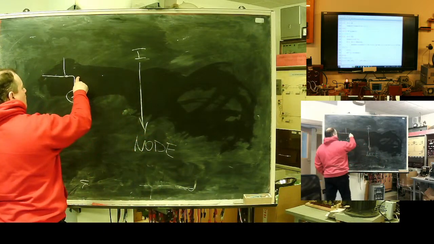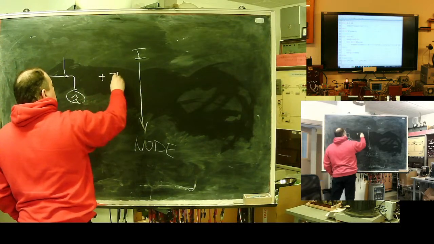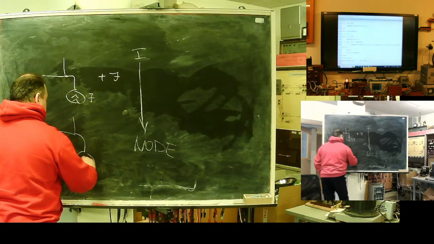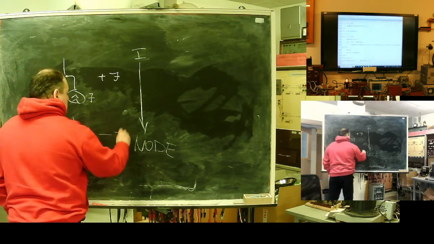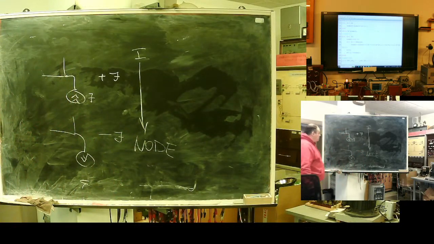If a current source inflows, I write it plus. If a current source outflows, I should write it with the minus sign. It's very easy.